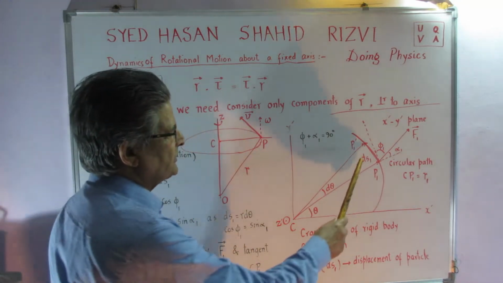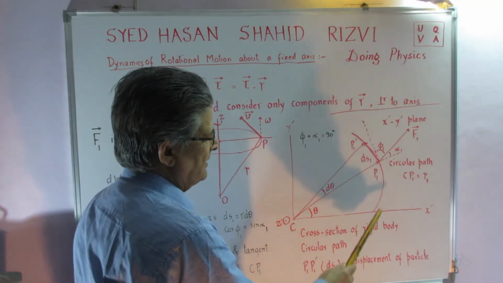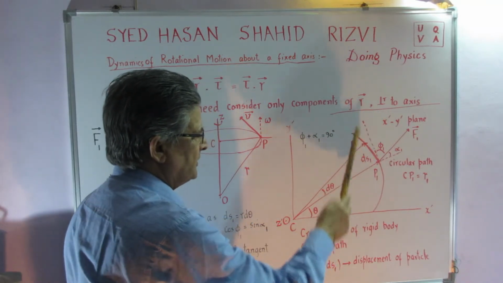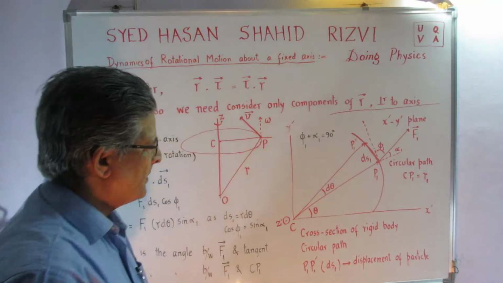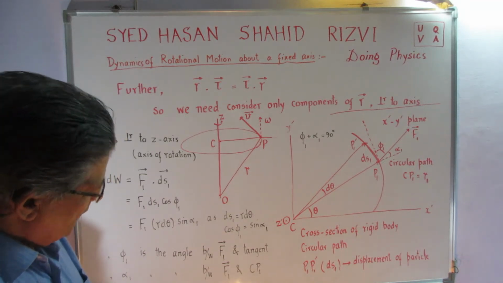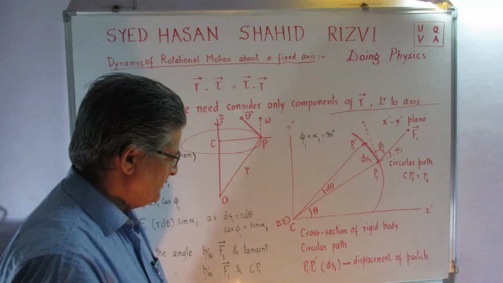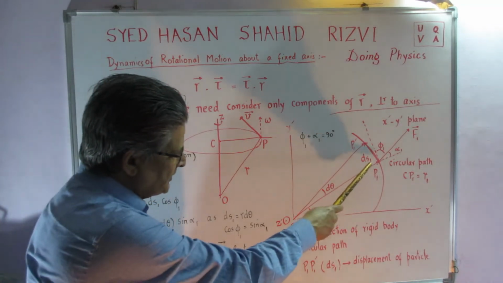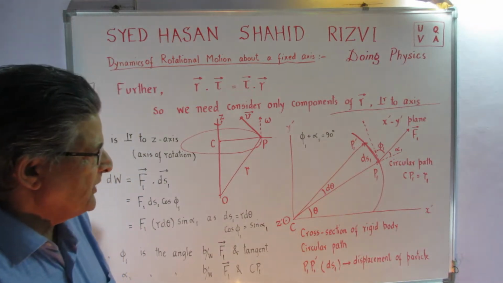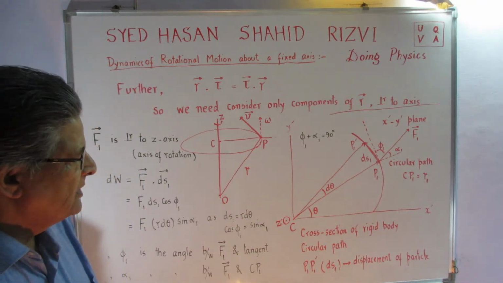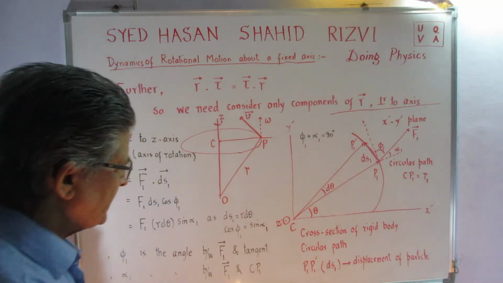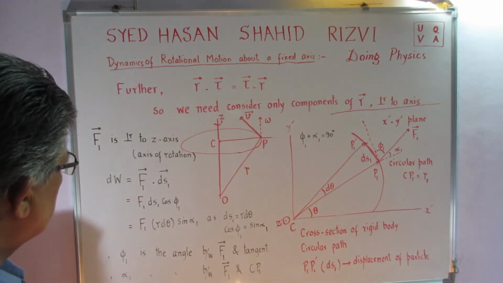So let us call this angle phi 1, which F1 makes with the velocity vector. With this, we have the displacement ds1 from P1 to P1 dash, which has been shown here as the displacement of the particle.